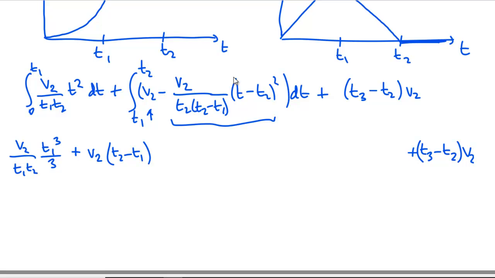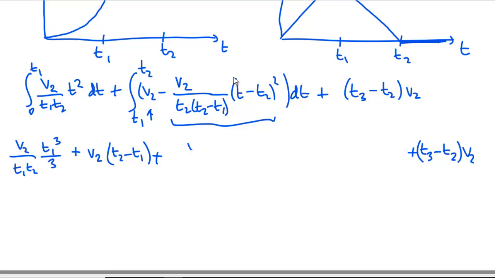And then we're going to have to take off this mess of a thing. So minus, well, let's make it a plus and switch the limits around. So we'll be going t1 at the top and t2 at the bottom. When it's t2, we're going to get 0, because when we put it into here, this bracket is going to come 0. So we just got a t1, just one term.